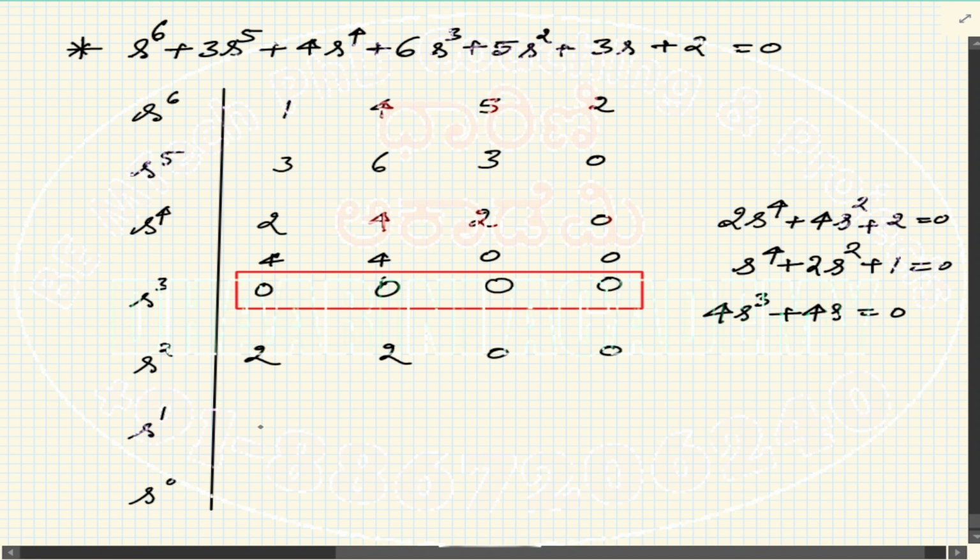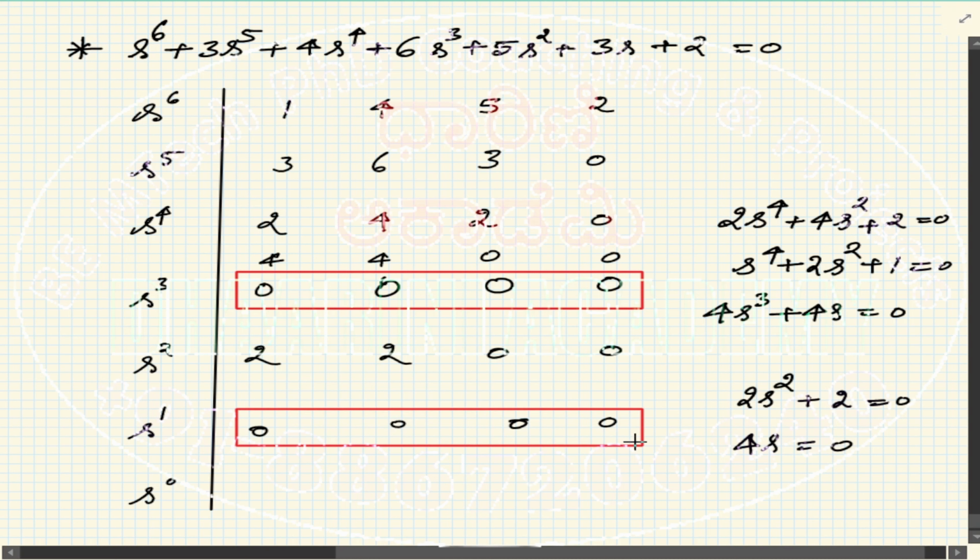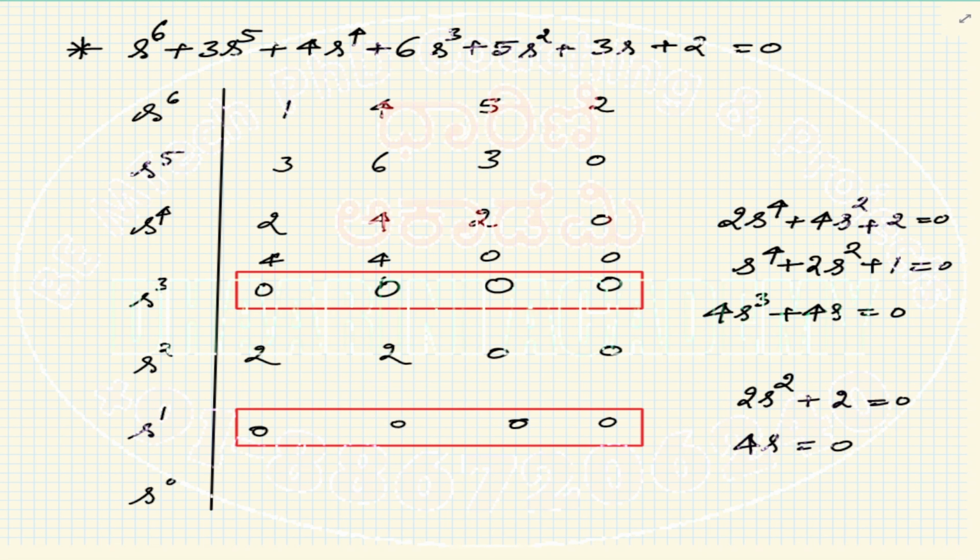Okay, once again we get our zeros. So that means I'll write the equation above this. So this is 2s square plus 2 equals to 0. So differentiate. 4s equals, so instead of using these, we are going to replace them.